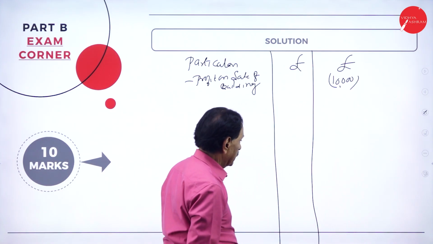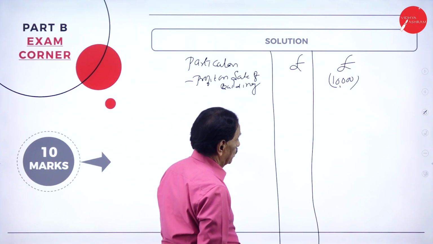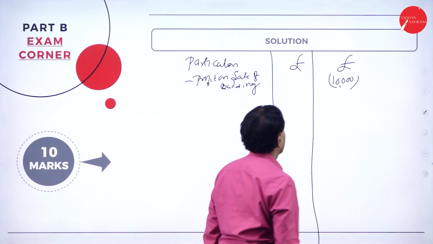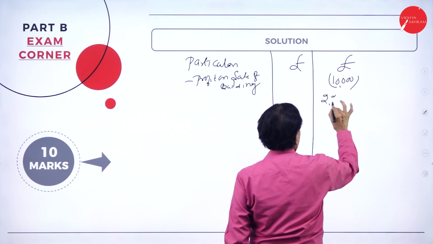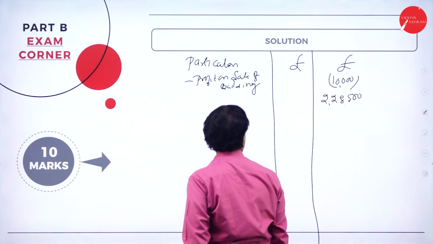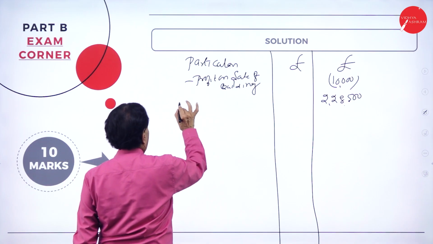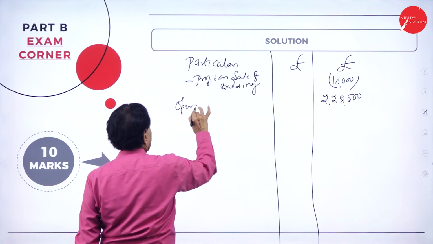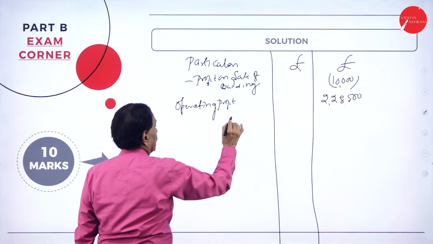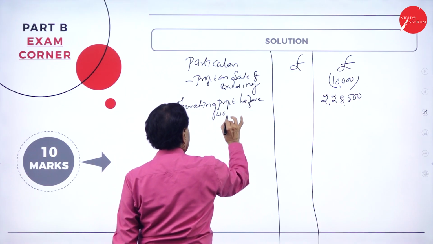So 2,38,500 minus 10,000 is 2,28,500. This is operating profit before working capital changes.